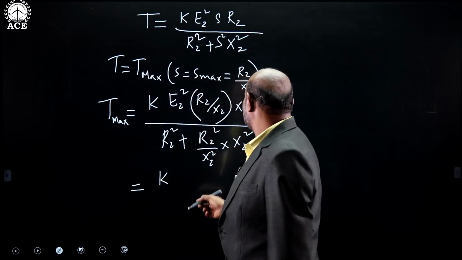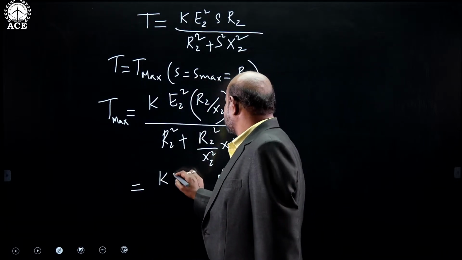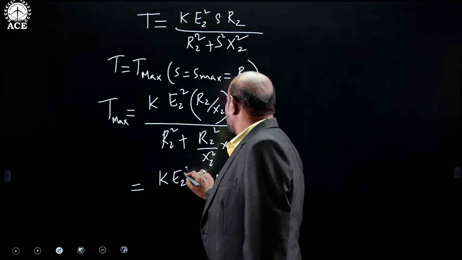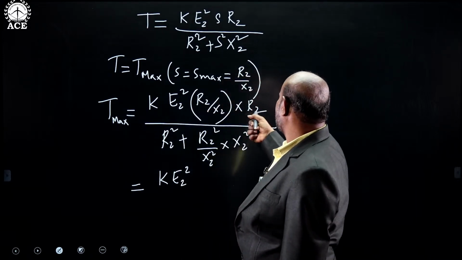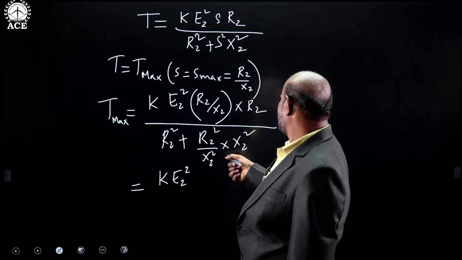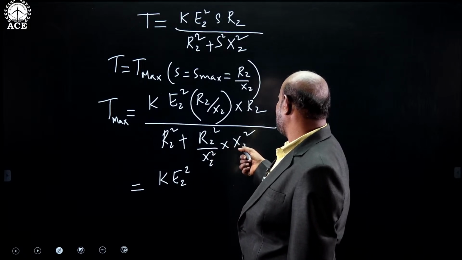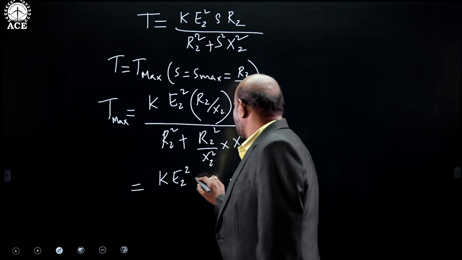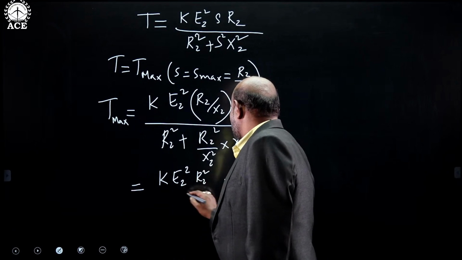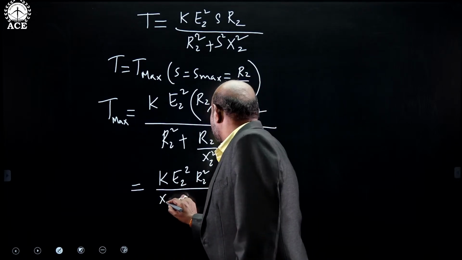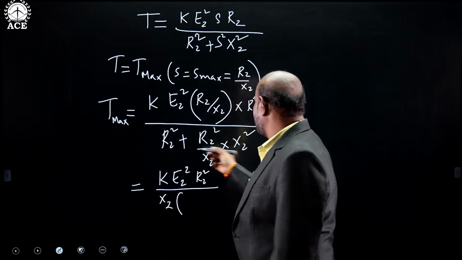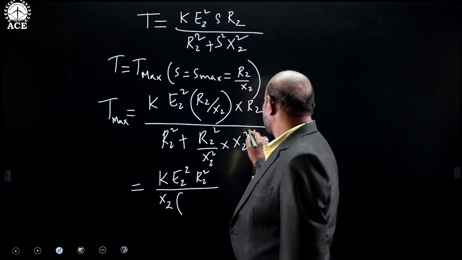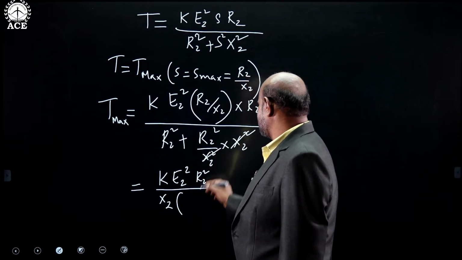So finally we are going to get K E2 square R2 into R2, R2 square. Here we can take R2 square common, R2 square by X2 in the denominator. X2 square gets cancelled out.